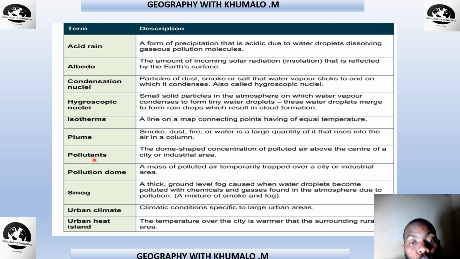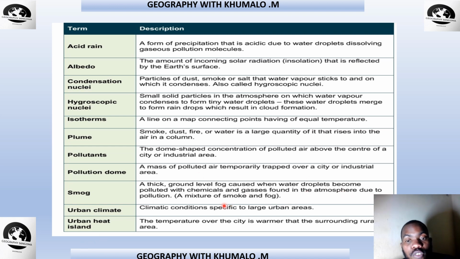Then we've got pollutants, which is the dome-shaped concentration of polluted air above the center of a city, but that is not pollutant, that is pollution dome. The dome-shaped mass of polluted air temporarily trapped over a city and industrial area, that is pollution dome. Smog, a thick ground level fog caused when water droplets become polluted with chemicals and gases found in the atmosphere due to pollution.